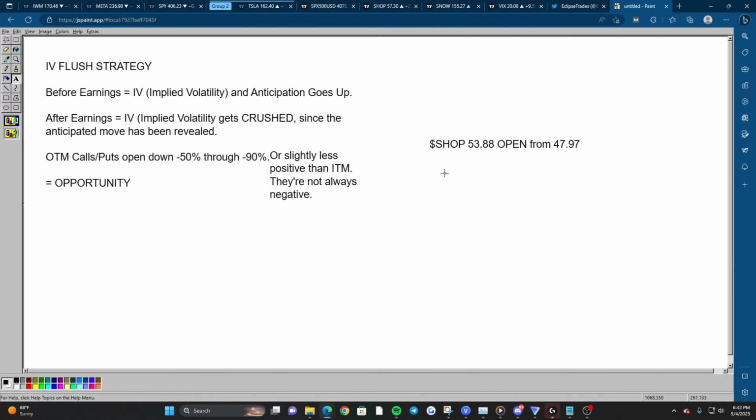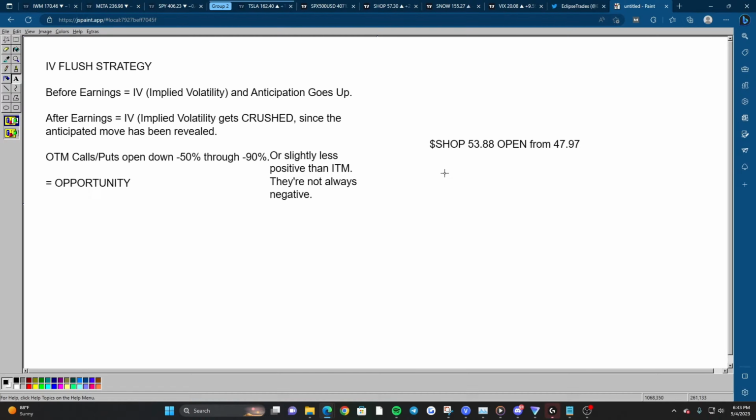And I guarantee you, if you look at any stock before earnings, the IV is going to be through the roof, at least over 100%, sometimes 200, 300, 400. Depends. Why does it happen? Like I said, no one knows what's going to happen, so the anticipation goes up, so the IV goes up. That makes the contracts more expensive than they're supposed to be.